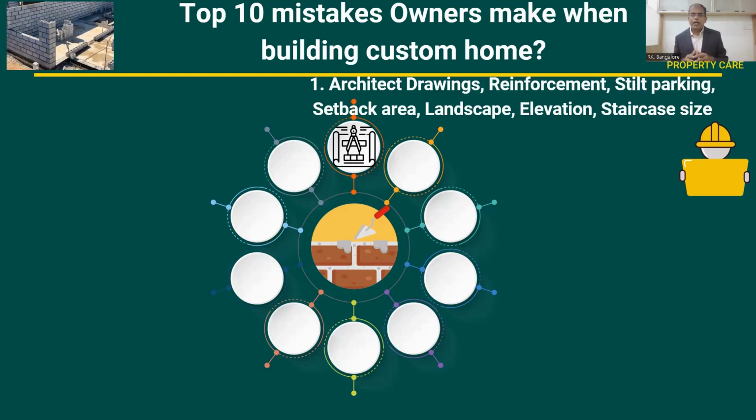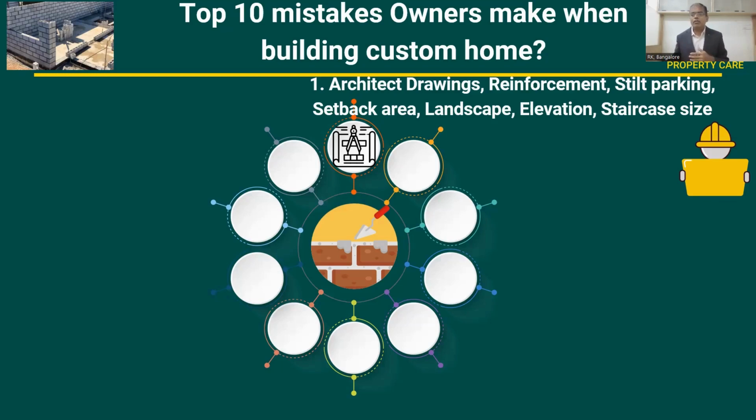Then the setback area. The setback area is the empty space we should give behind the building, in front, and on the sides. Generally on smaller sites, we tend to build on 30 by 40 with all the walls and corners without giving any additional space. This is not actually recommended.